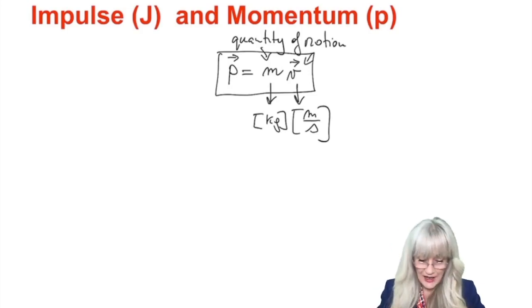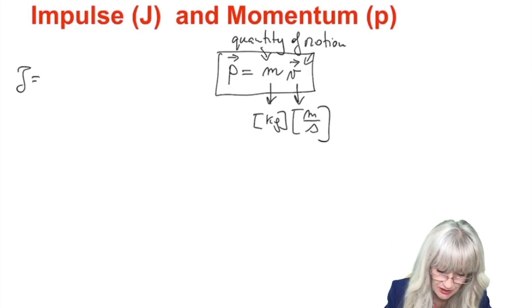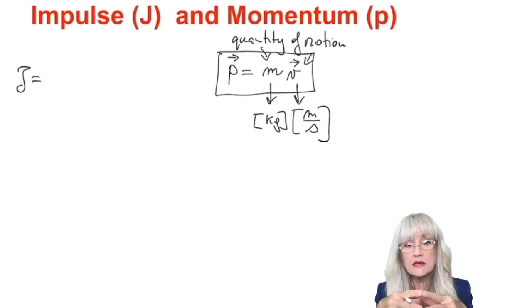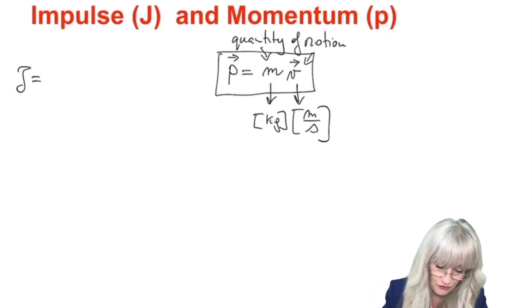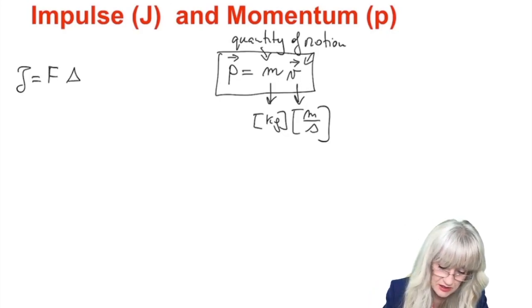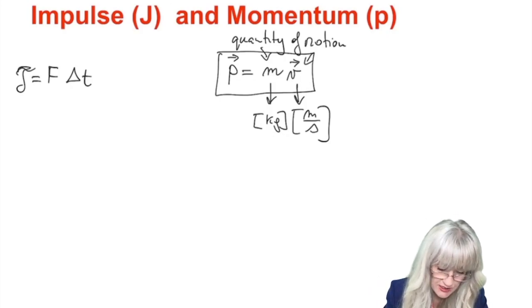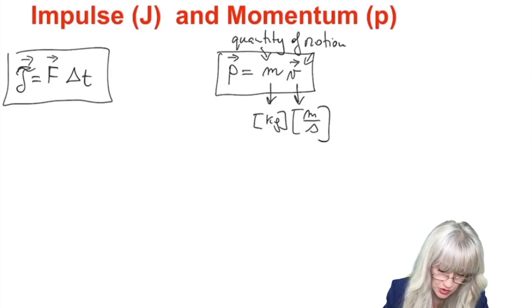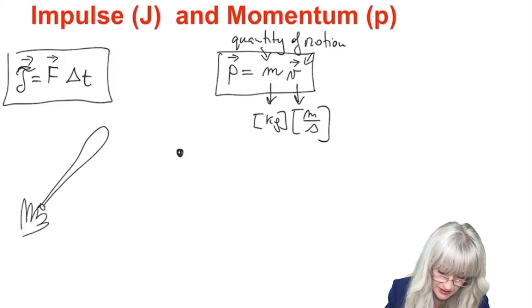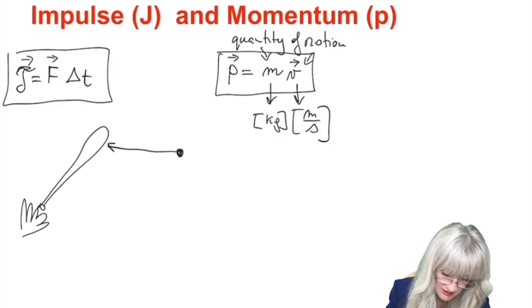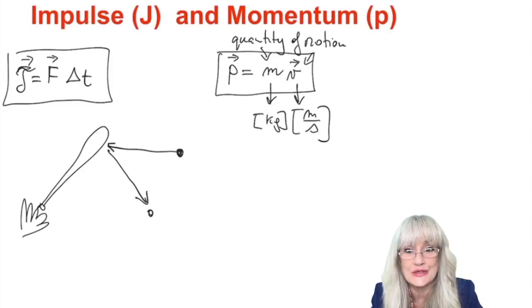Impulse is actually defined by J in physics. And it applies when a force acts over a very short interval of time. J, the impulse, is also a vector. Think about that you have a bat, right? Here's your hand. And this is an object that is moving toward the bat, and you have to return it as fast as you can.